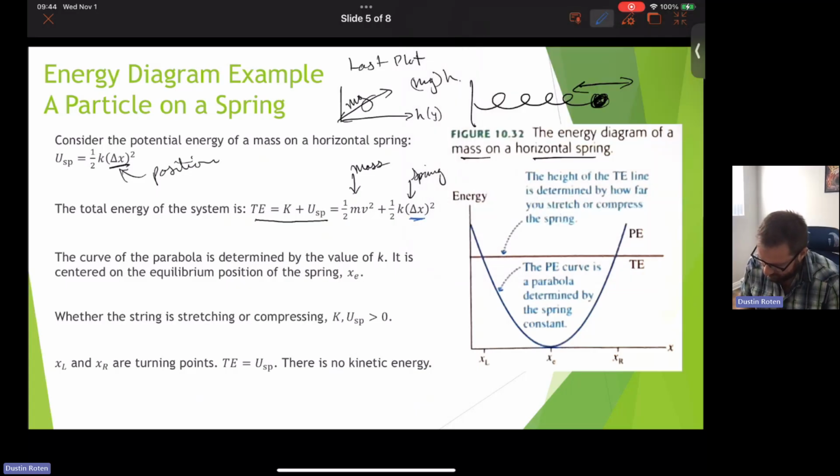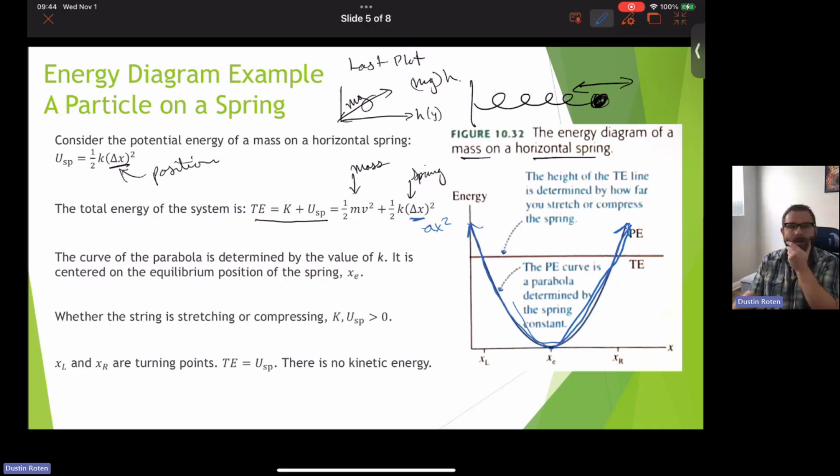So you'll notice since delta x is our variable, and it's squared, that's going to be a quadratic. It's going to have that ax squared look. So that's why our potential energy curve is now going to be a quadratic.